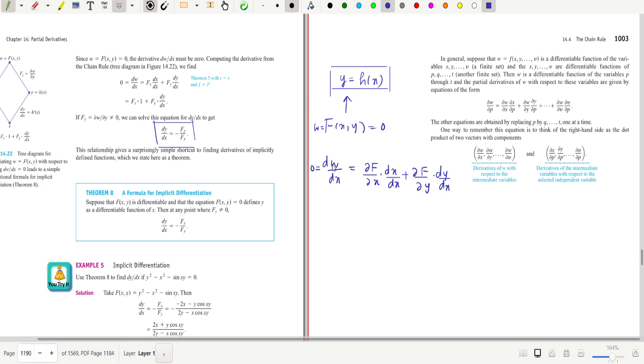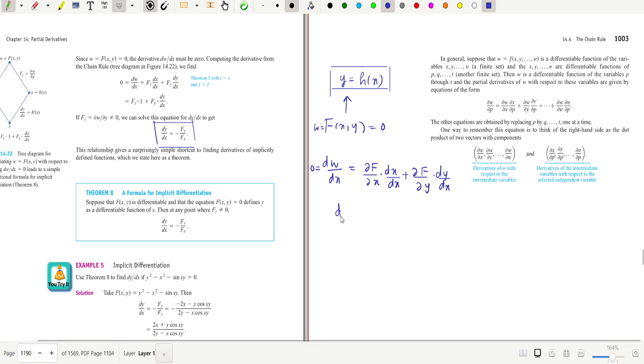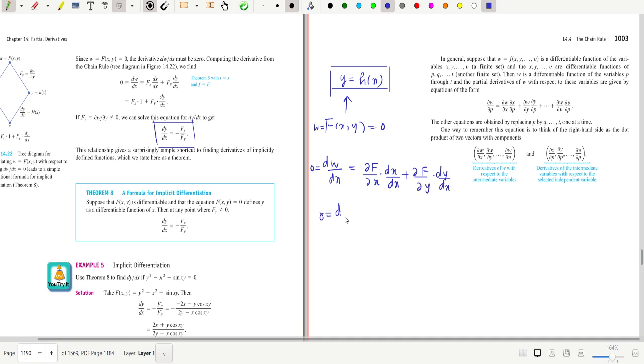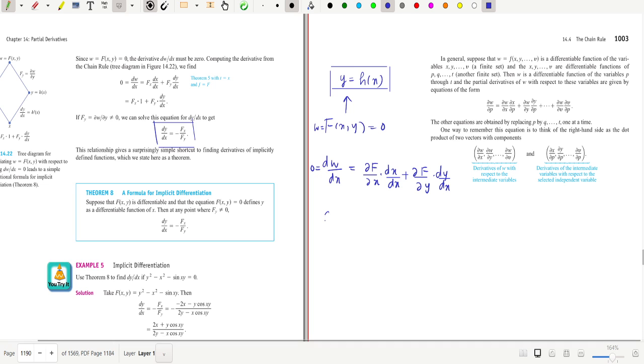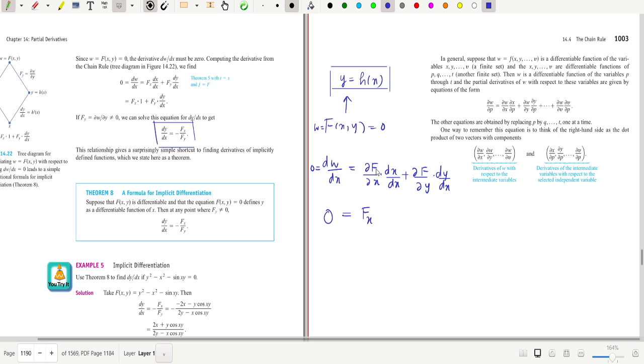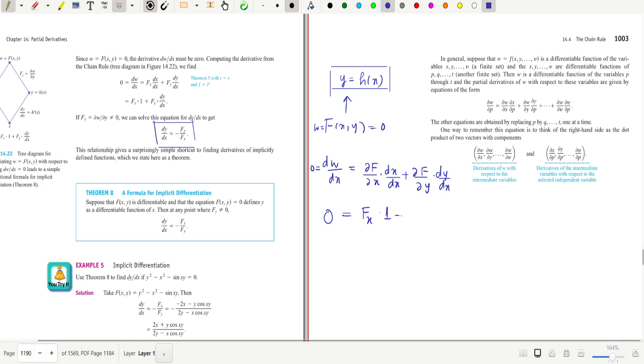So that's why we write dw by dx. How will you find the derivative with respect to x of this expression? That is, dw by dx is obtained from this. So you can write 0 equal to f_x, the derivative of this expression with respect to x, times dx by dx, that is 1, plus f_y times dy by dx.